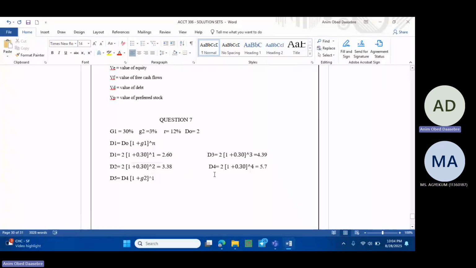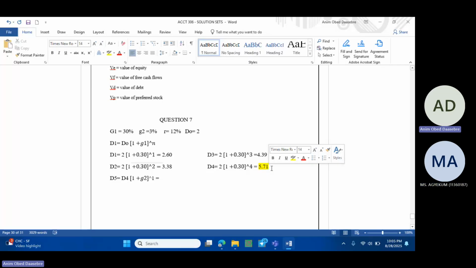So after the D4, the year 4, this value, we said that we should grow that dividend by the G2 indefinitely, forever. And what does that mean?